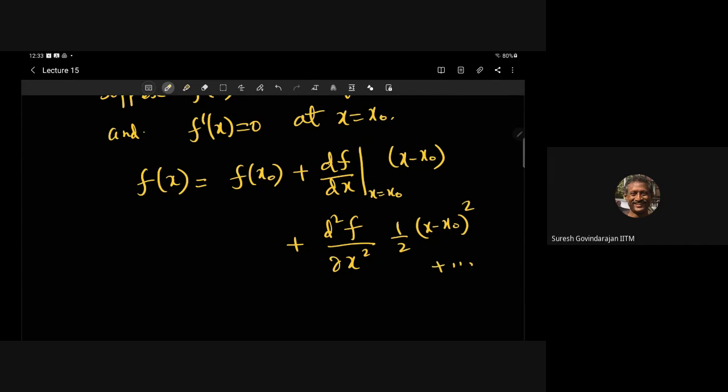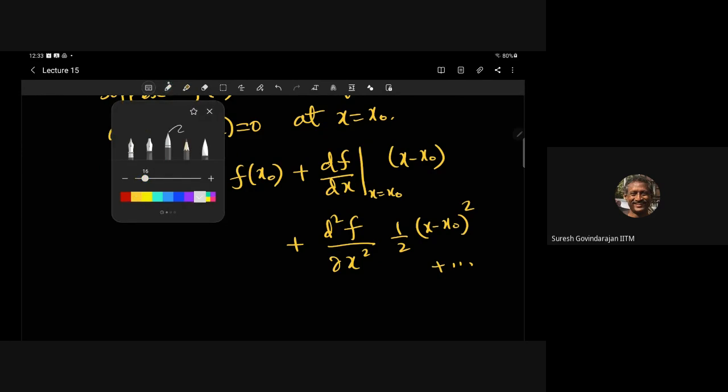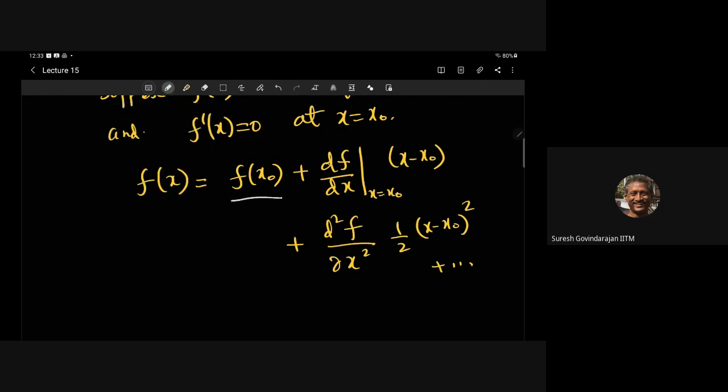I'm just Taylor expanding it about the extremum. So what is happening here? Let's look at all the terms. First, this is a constant, so we are not interested. I said that we can shift f of x up and down, so it is not interesting from that viewpoint. What about this term? It's 0, right? It is 0 because it's an extremum.